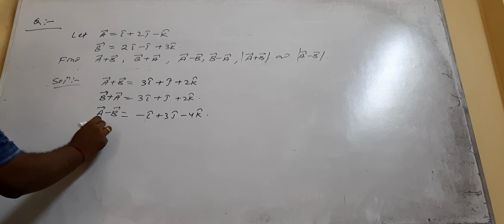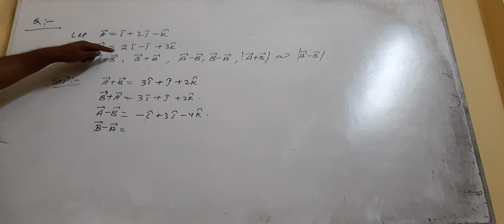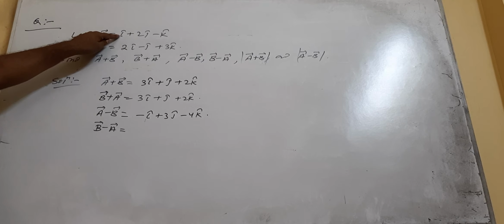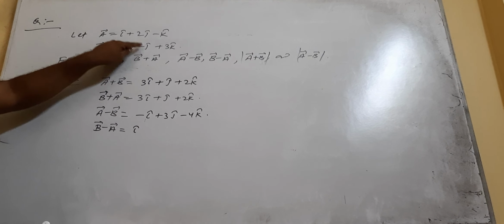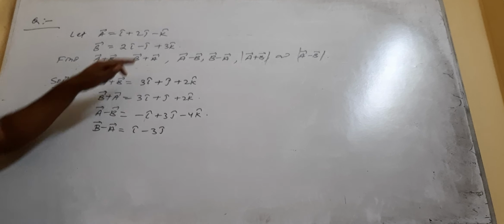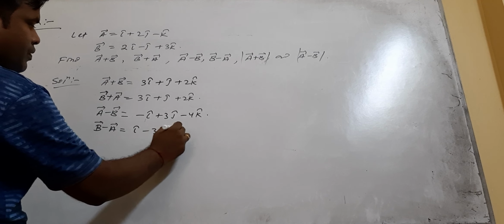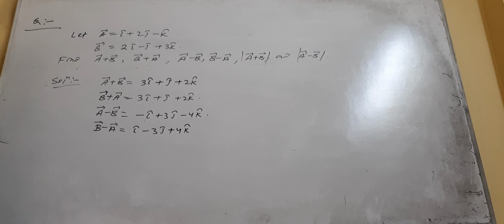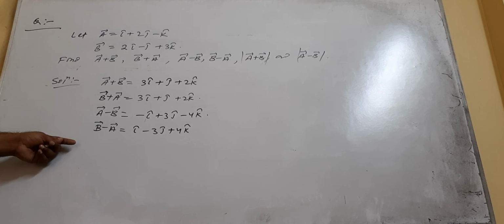Similarly, b vector minus a vector: 2 minus 1 is i cap, minus 1 minus 2 is minus 3 j cap, and 3 minus of minus 1 is plus 4 k cap. So now you will find that a vector minus b vector is minus of b vector minus a vector.